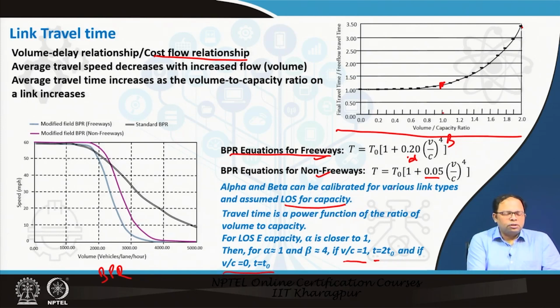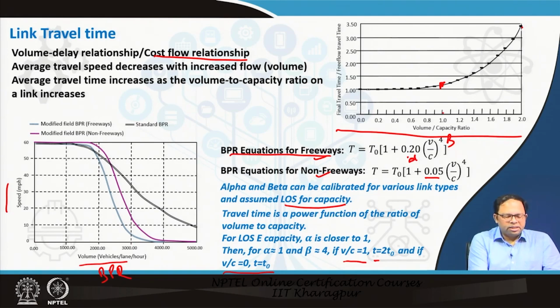These are the curves for the standard BPR, whereas these are modified curves for freeways and modified curves for non-freeways. Here we have speed and then we have volume. When volume increases, speed will gradually come down.